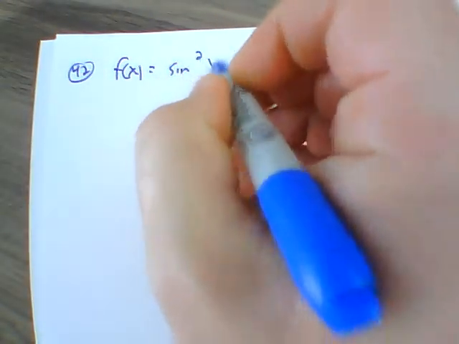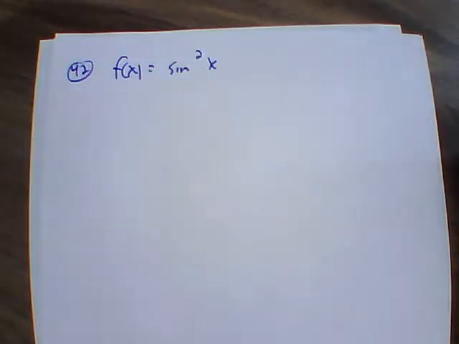Looking at differentials now. So let's look at number 42. On number 42 here, it tells us that f of x equals sine squared x.